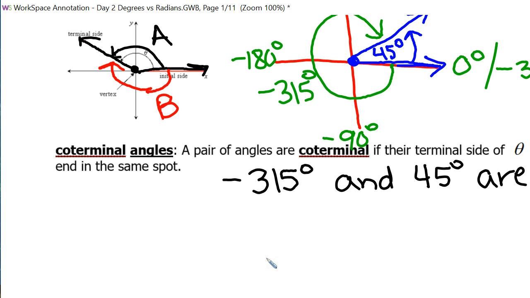So for the first section, they are going to give us the positive angle. And I want to determine what I do to my positive angle to get the negative angle that is coterminal. What could I do to 45 degrees to get negative 315 degrees?